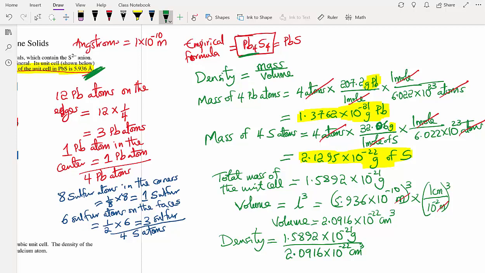And if you put this into your calculator, you should get approximately 7.60 grams per cubic centimeter to 3 significant figures as the density of PBS.